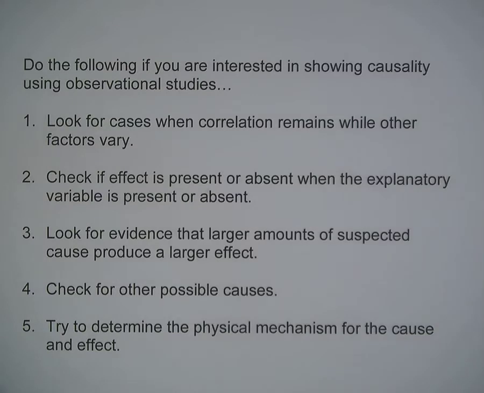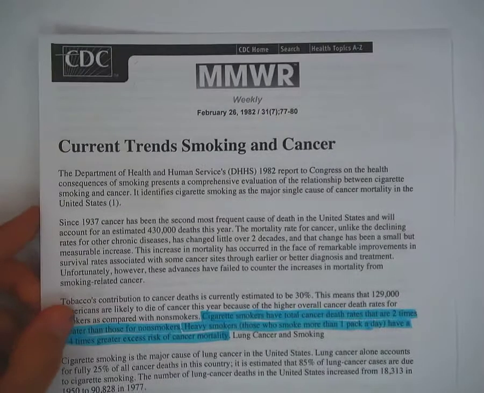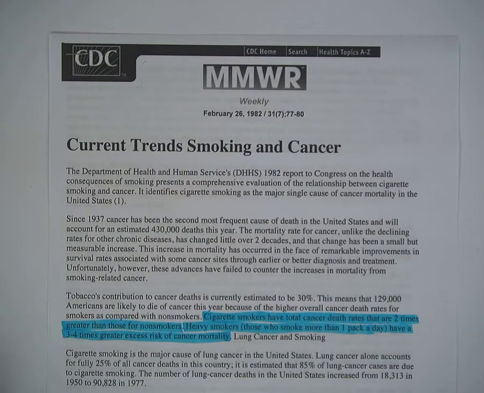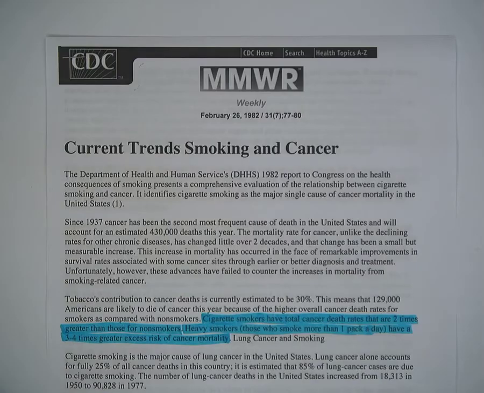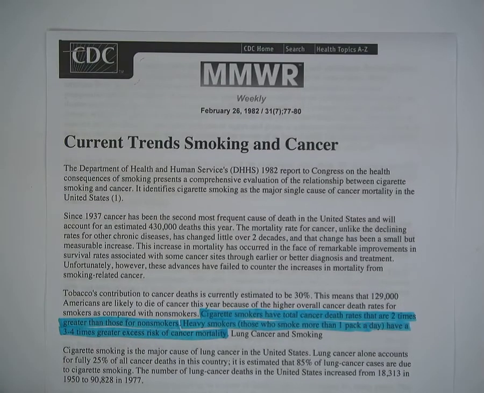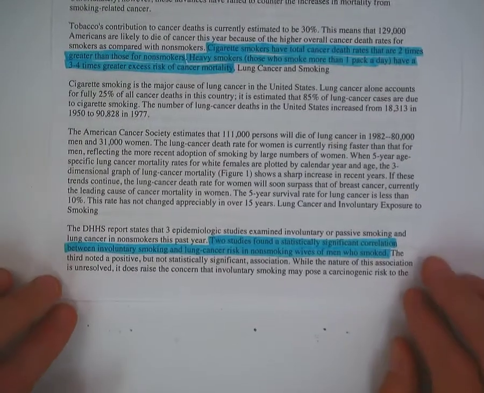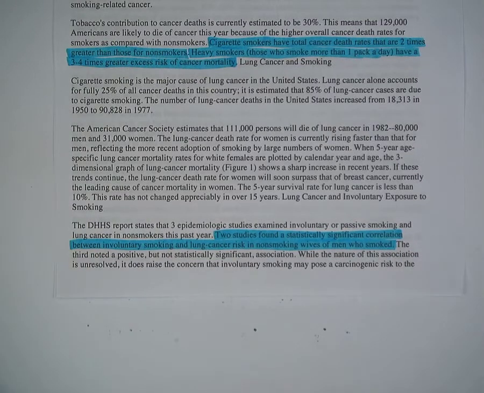For 1, look for cases when correlation remains while other factors vary. Here I have an article from the Center for Disease Control. It's a government organization, and let's look at the bottom highlighted part. 2 studies found a statistically significant correlation between voluntary smoking and lung cancer risk in non-smoking wives of men who smoked.